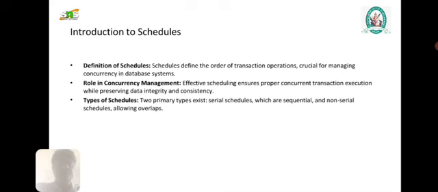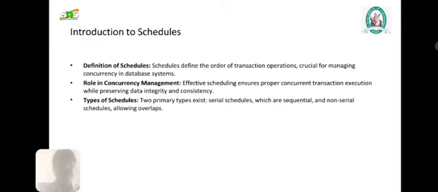Next is the introduction to schedules. The definition of a schedule: it defines the order of transaction operations, which is crucial for managing concurrency in a database system. The role in concurrency management: effective scheduling ensures proper concurrent transaction execution while preserving data integrity and consistency.